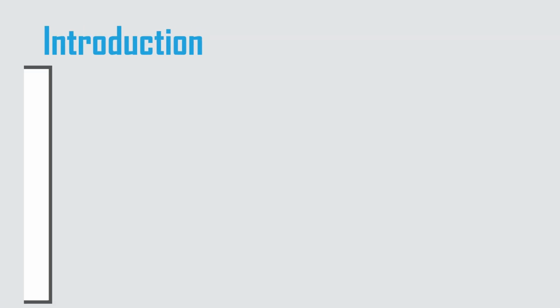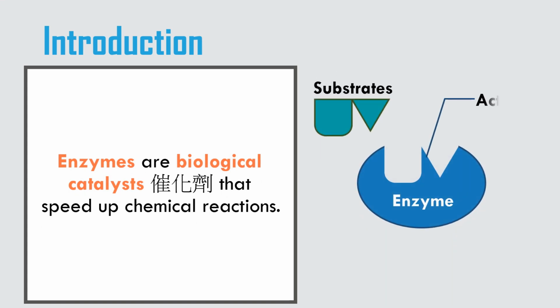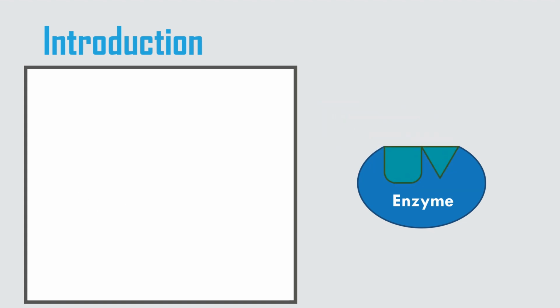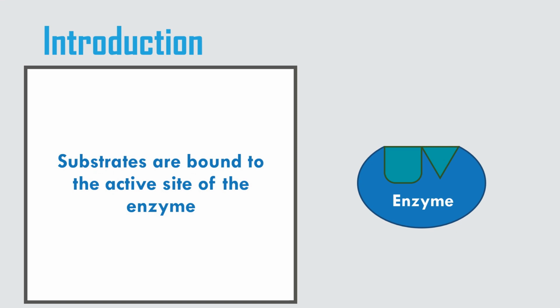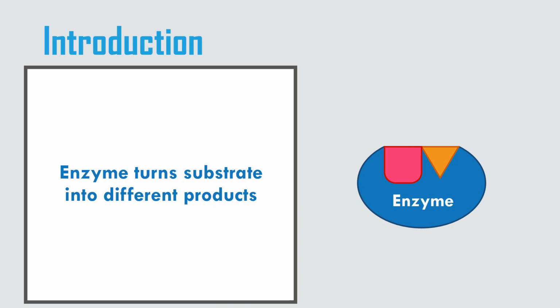Let's talk about the introduction of this project. Enzymes are biological catalysts that speed up chemical reactions. The substrates are bound to the active sites of the enzyme, and the enzyme turns the substrates into different products.